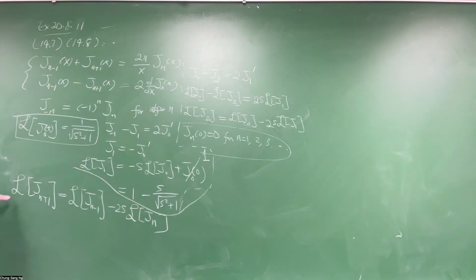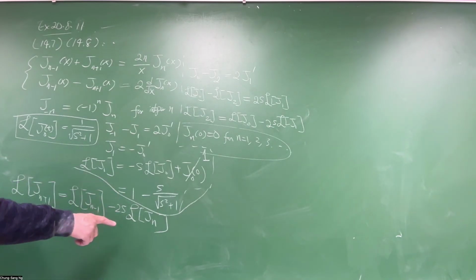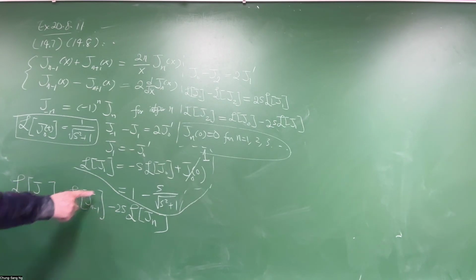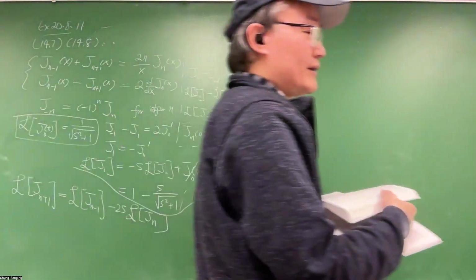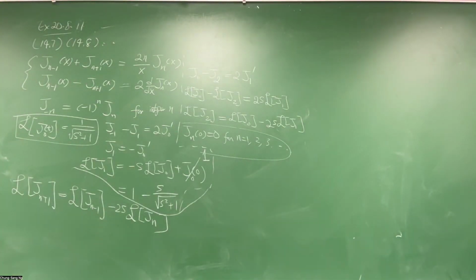So this becomes a recurrence formula for the Laplace transform. Because you already have 0, 1, and 2 worked out, you just keep doing it and you can calculate any n.